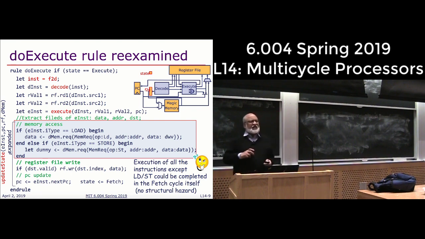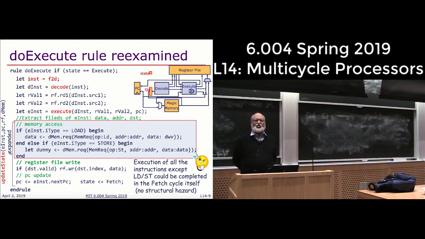When do you actually execute this memory part of this execute rule? Is this code executed by every instruction? This is not a tricky question. No. This is executed by only load and store instructions.